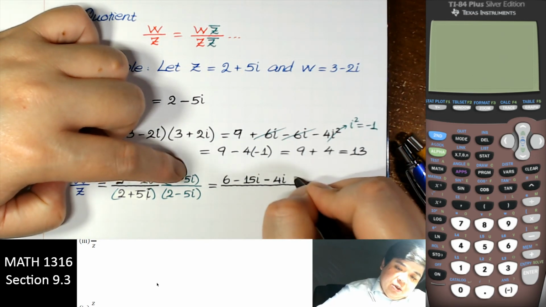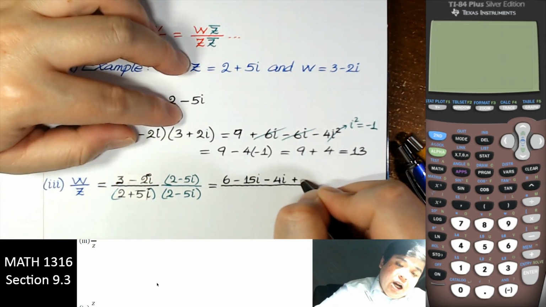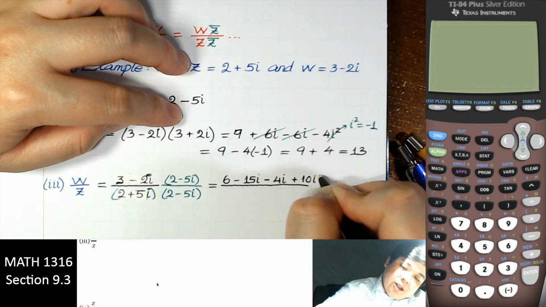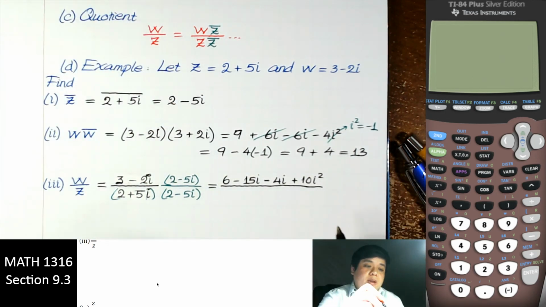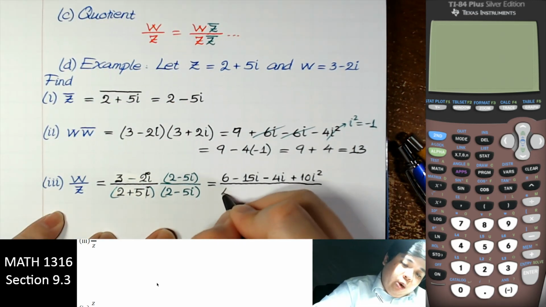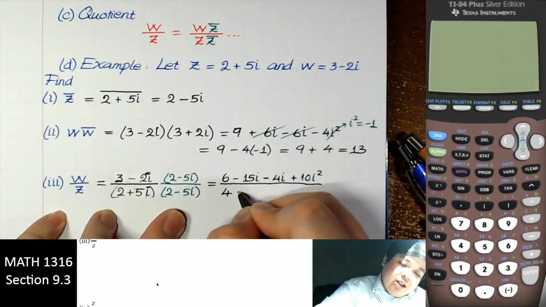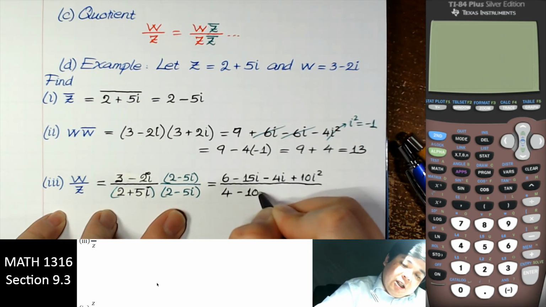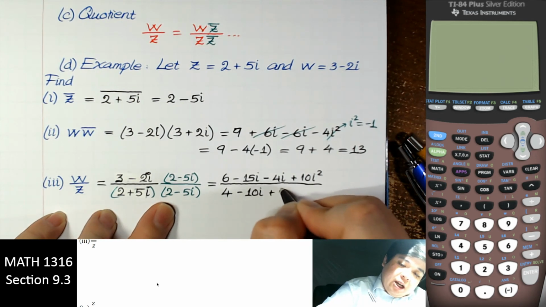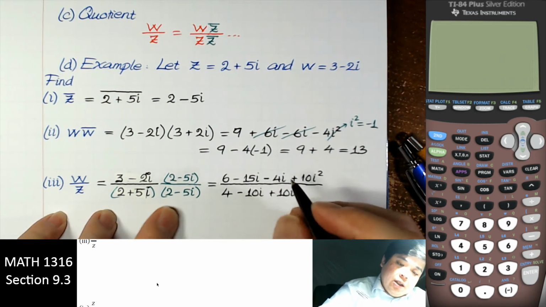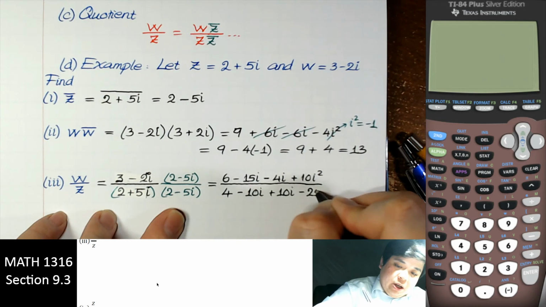Minus negative, so plus, minus times minus, that's 10i squared. Then 2 times 2 is 4, 2 times minus 5i is minus 10i, plus 10i, minus 25i squared.